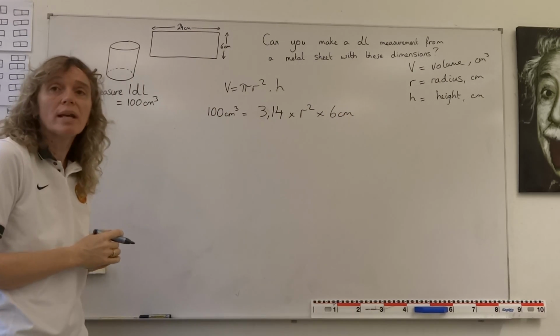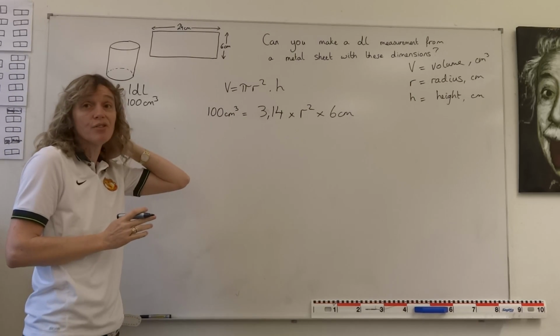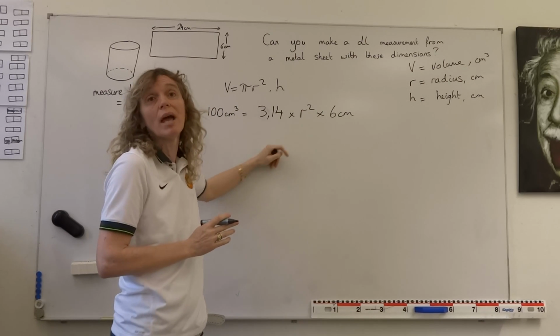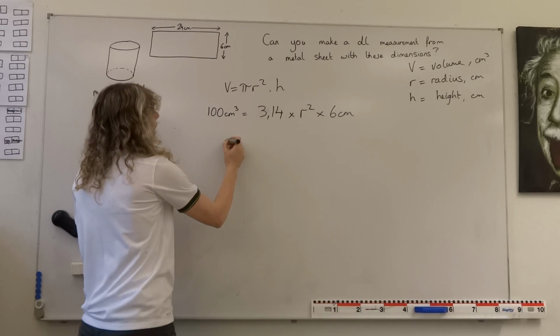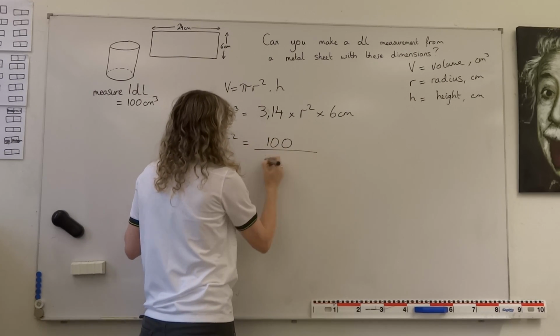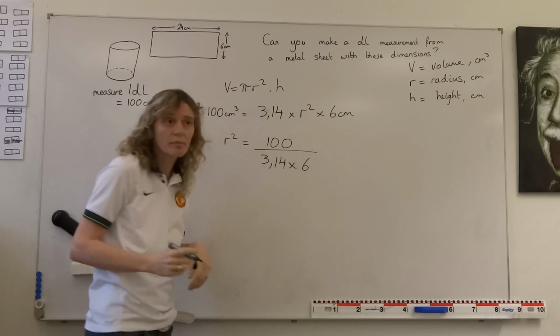So the quickest way to do a quick calculation of whether we have enough sheeting to make a deciliter measurement is to find out what the minimum radius we could use is. We then get that r squared is 100 divided by 3.14 times height.